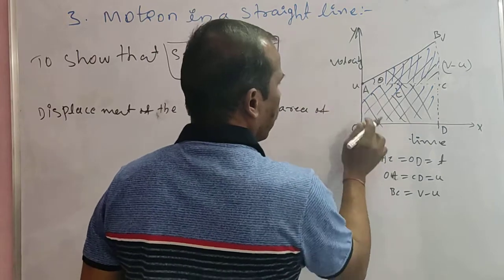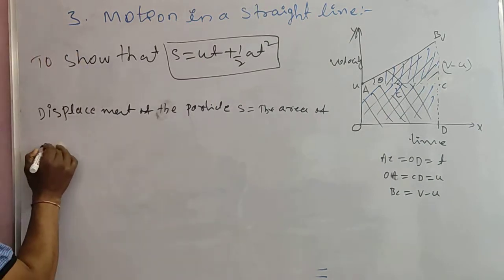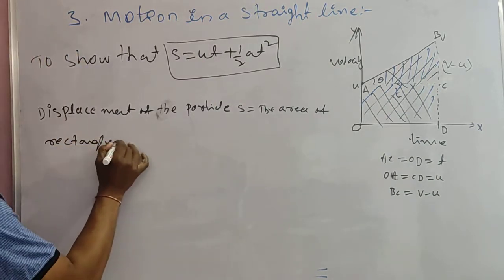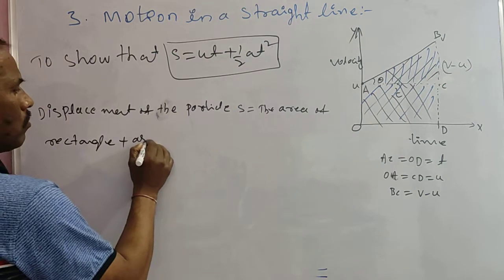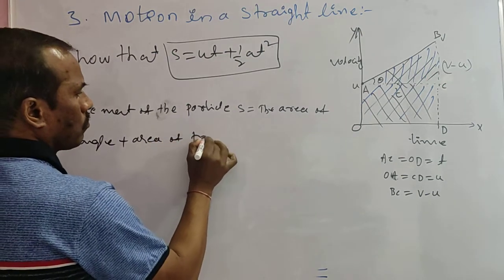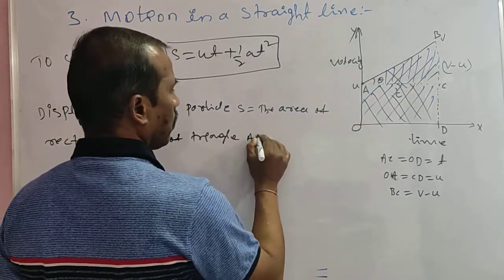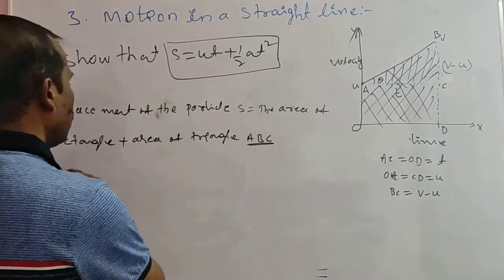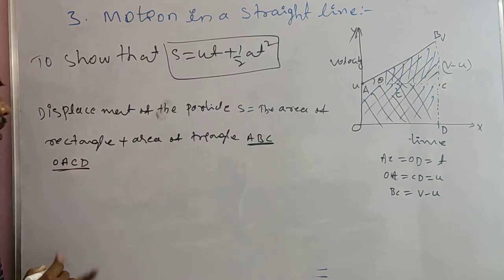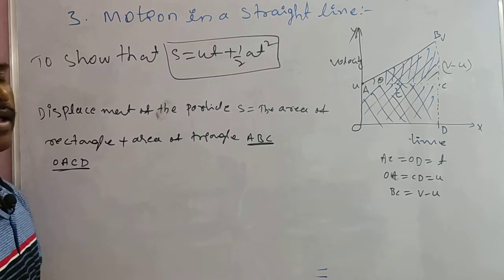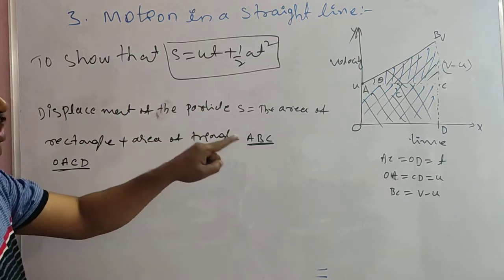Here the displacement of the particle S is equal to the area of the rectangle OACD plus the area of the triangle ABC. This gives the displacement of the particle along the slope AB.